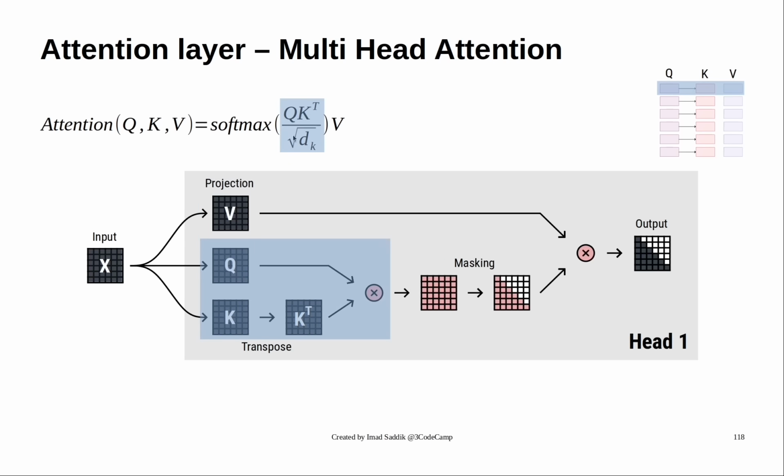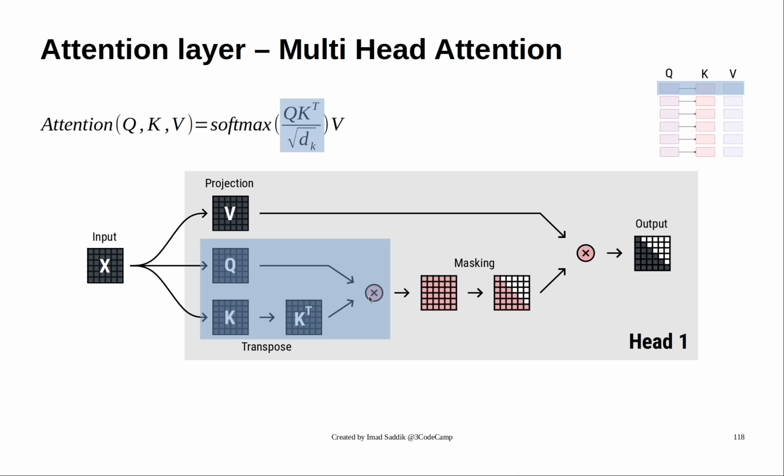Let's look at this term inside the softmax function. Here we have Q. We multiply that by the transpose of K. So here is K. We transpose it and we multiply that by Q. After multiplying these 2 matrices, we divide by this term just to scale the numbers inside the matrix.